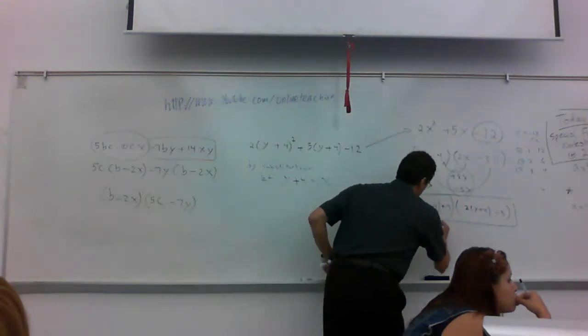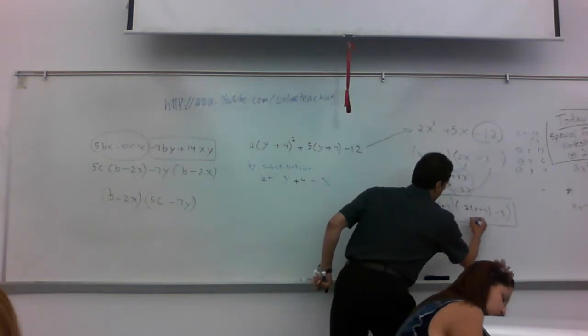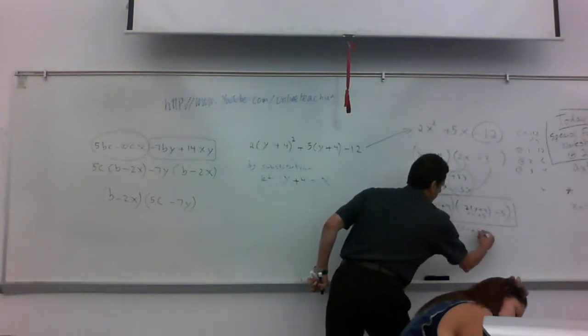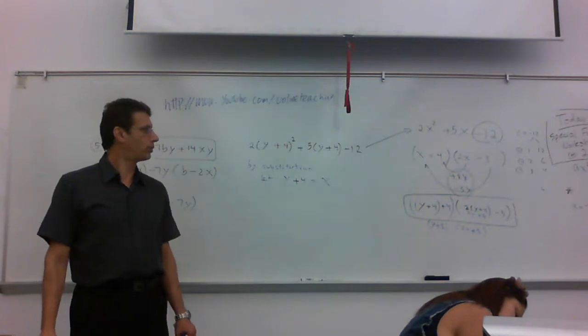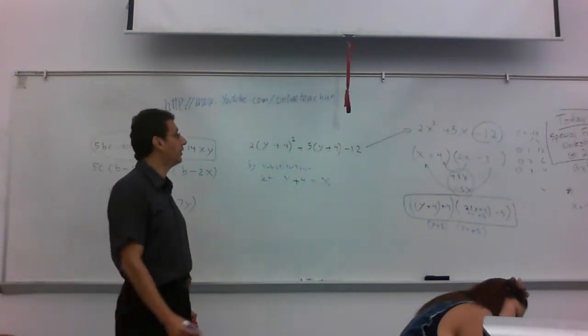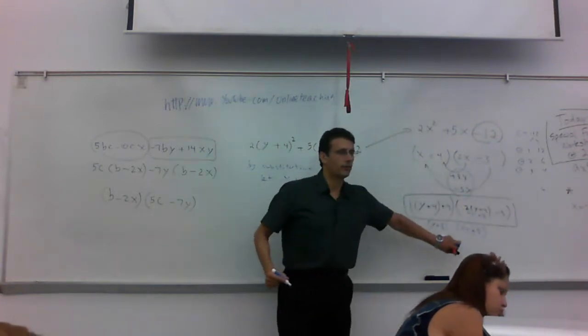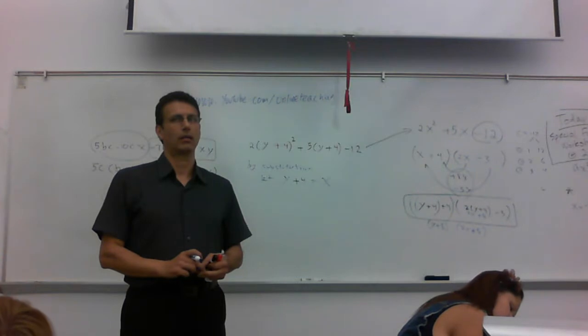And so this one becomes y plus 8. Is that right, class? This one becomes what? 2y plus 8 minus 3, which is plus 5. So y plus 8 times 2y plus 5. If you simplify this and collect like terms, if you multiply these last two, you get to the same answer. Do we see that?